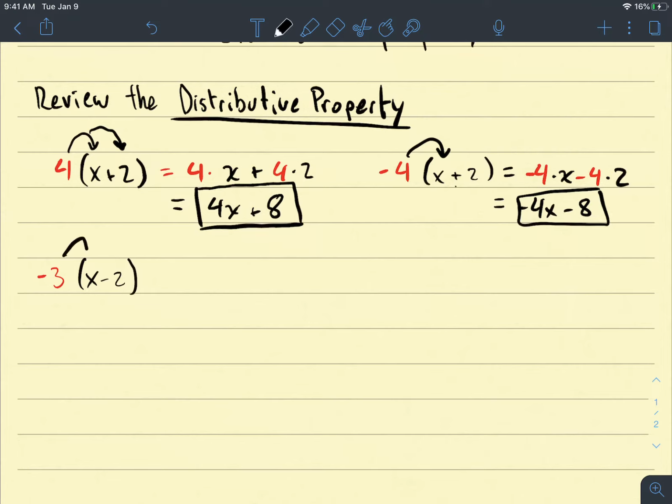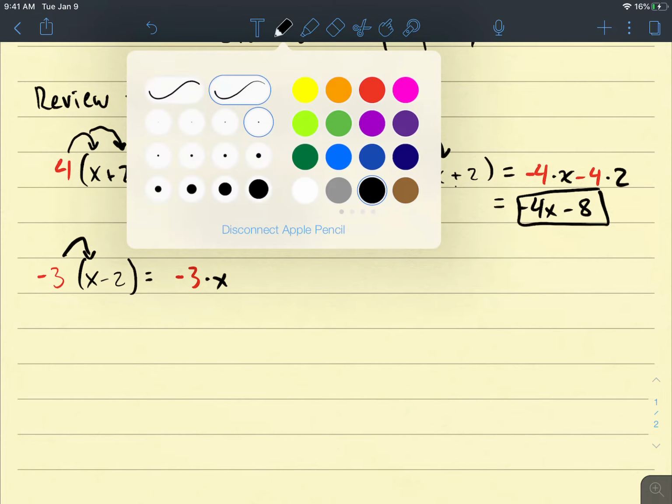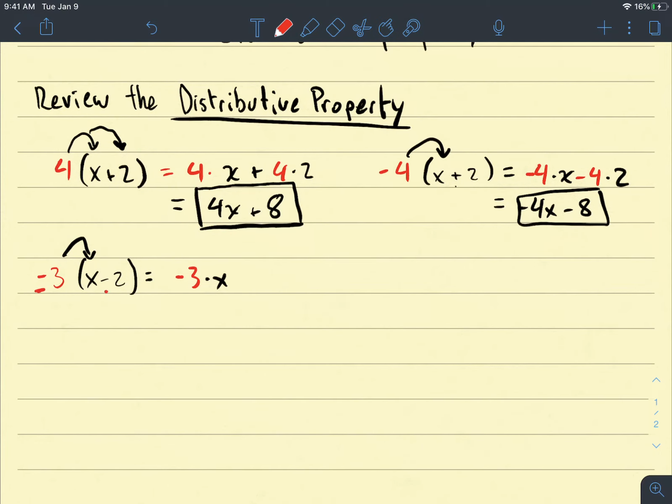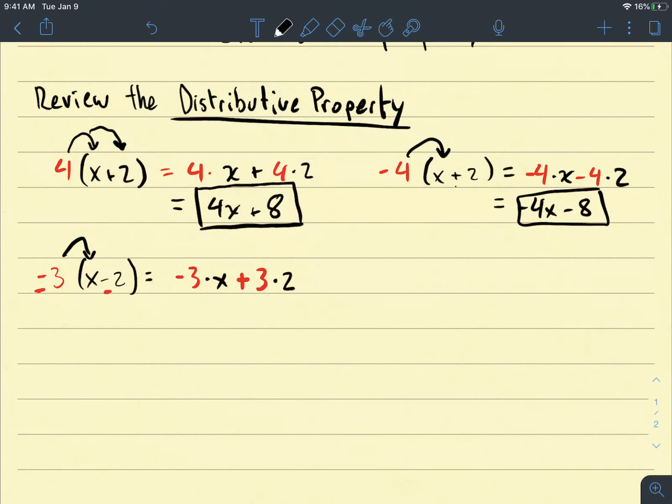We have negative 3 times x, and right here you'll notice it's minus, minus. Negative times the negative is positive, and you're going to have 3 times 2, which gives us the answer negative 3x plus 6.